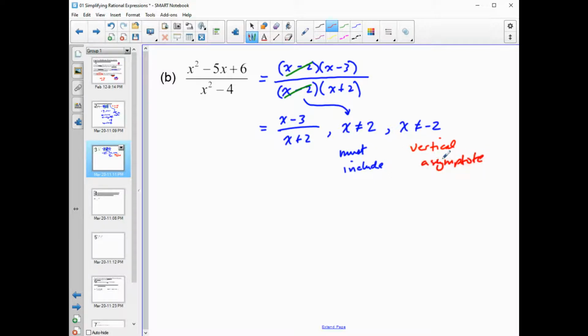And that vertical asymptote is still visible in the simplified expression. And it's a subtle but important difference.